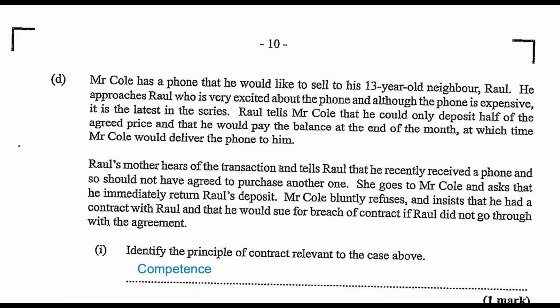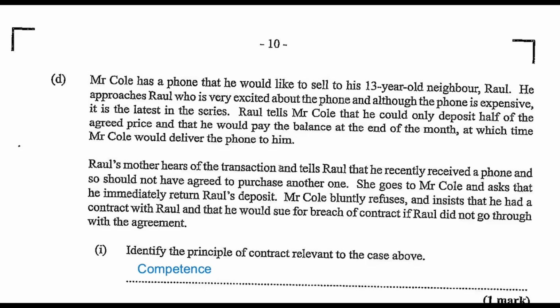Roll's mother hears the transaction and tells Roll that he recently received a phone and he should not have agreed to purchase another one. Well, she goes to Mr. Cole and asks that he immediately return Roll's deposit. Mr. Cole refuses and insists that he had a contract with Roll and that he would sue for breach of contract if Roll did not go through with the agreement.